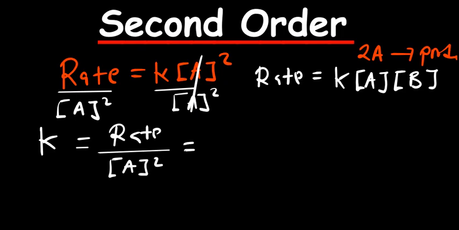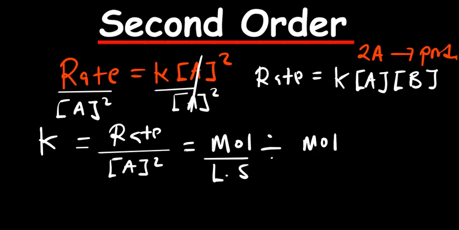Now, what is rate? We said we measure it in mole per liter second. This is divided by the concentration of A, which is squared. The concentration, we said, is measured in mole per liter, right?